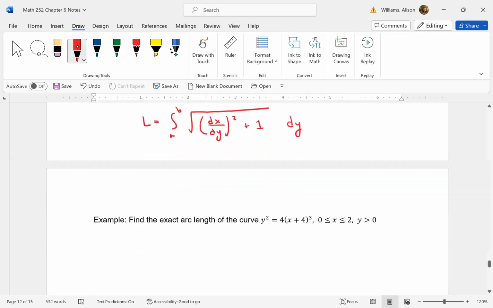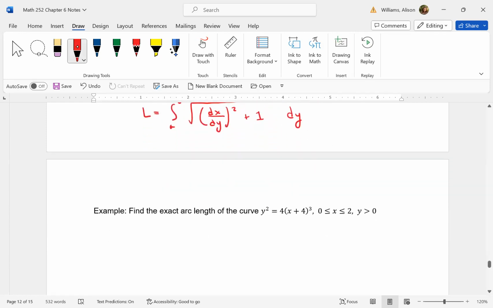All right, let's look at an example with that. Okay, so let's say our formula is y squared equals 4 parentheses x cubed. Okay, so I could probably solve this for y.